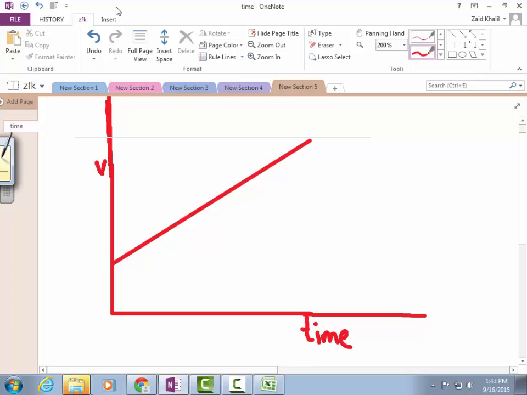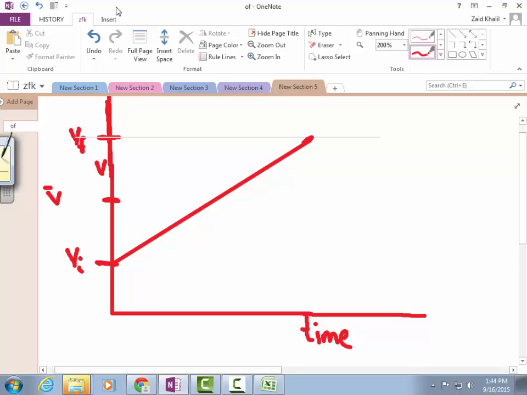So if this is VF and this is VI, then there's going to be some point where what's going to be true? There's going to be some point where this thing has an average velocity. And what is that point? What is it?